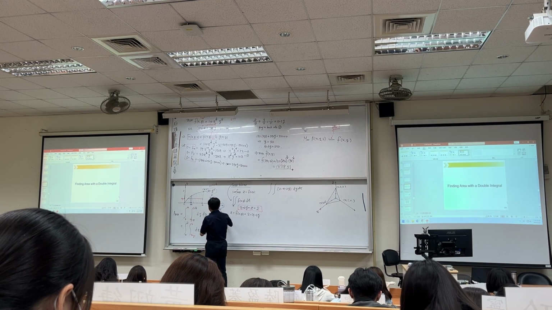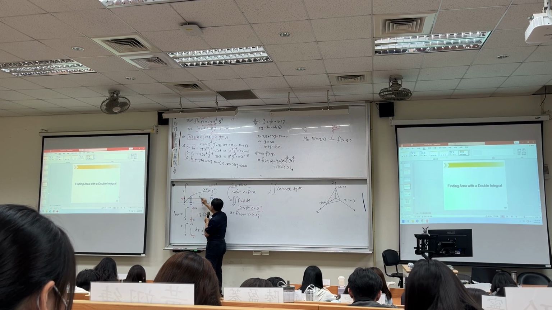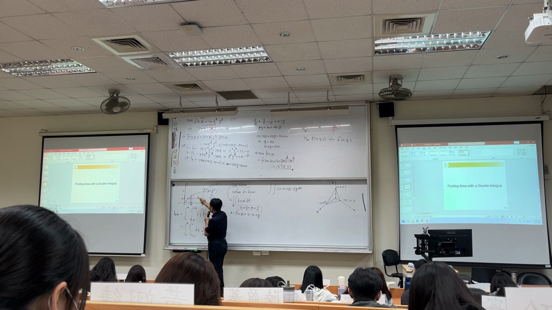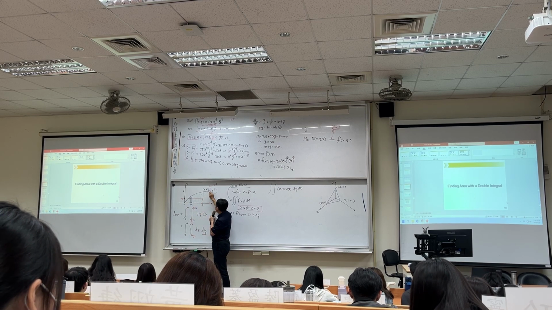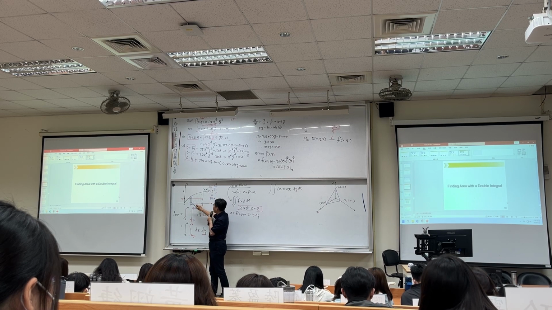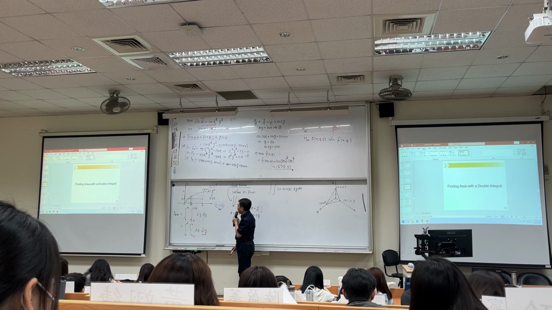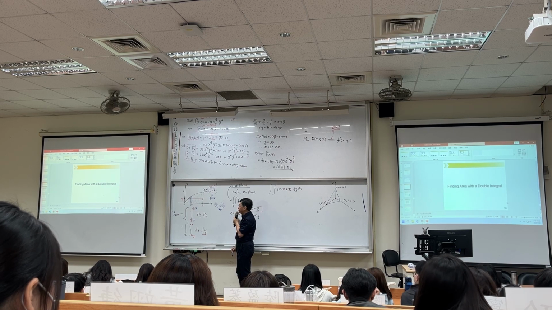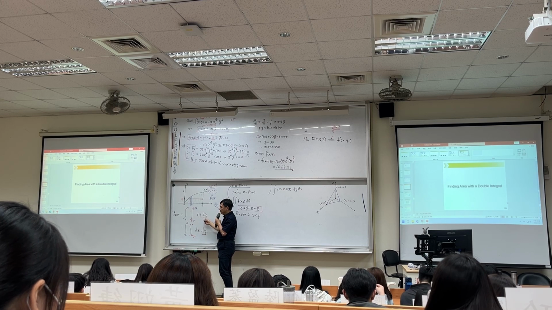Okay, let's try again. I want to find the area of the region bounded by x equal y squared and x between 0 and 4, and also the x-axis, okay? So usually a double integral could be dx dy or dy dx.